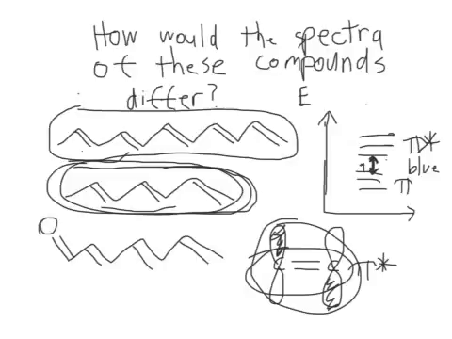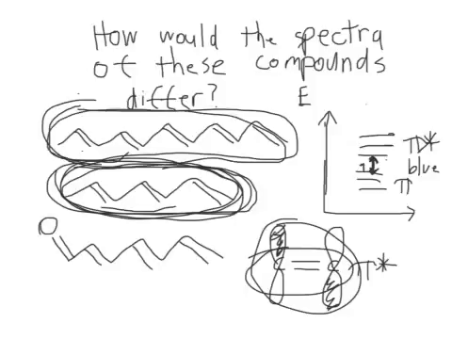Alright, so here's what we've seen so far. This molecule will absorb light and will have a pi to pi star transition. It'll absorb somewhat high frequency light. This molecule will absorb lower frequency light, but also in a pi to pi star transition. And let's get to this guy.